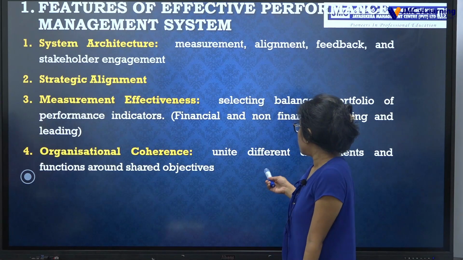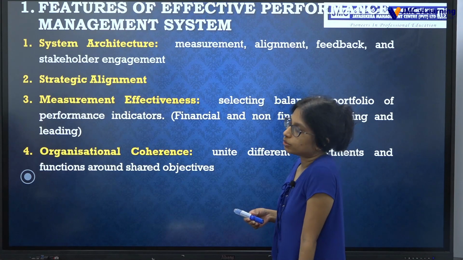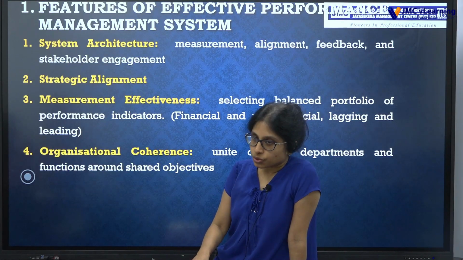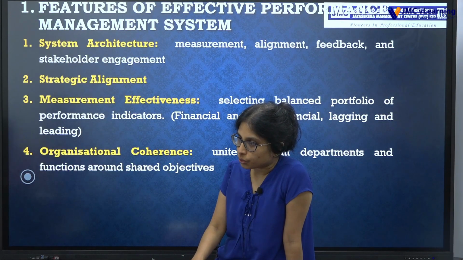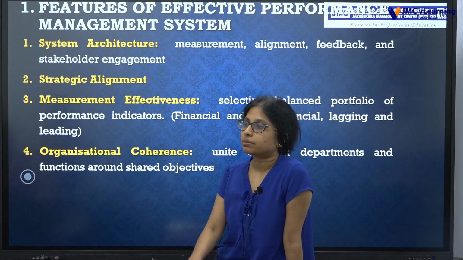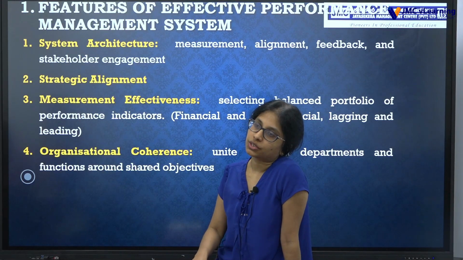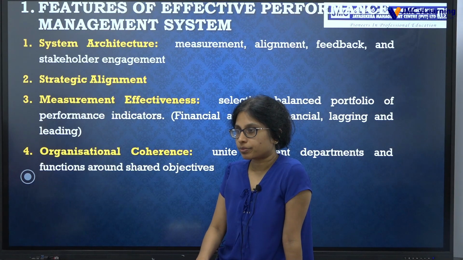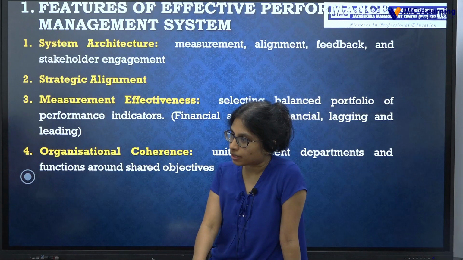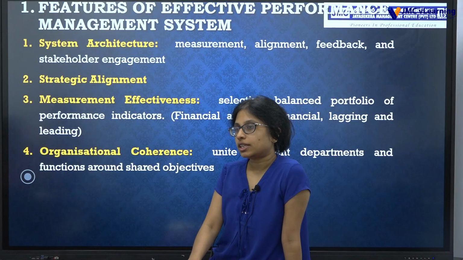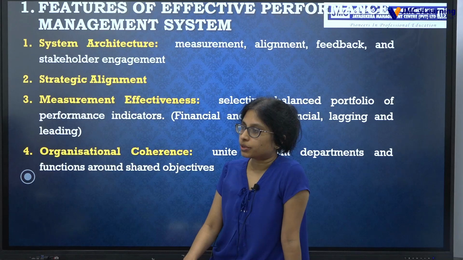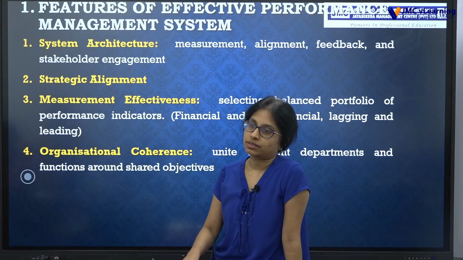Next one, organizational coherence. That means unite different departments and functions around shared objectives. Most of the time, although you do this evaluation, companies won't go forward because different departments compete with each other unnecessarily. They want to be the best, they don't cooperate with other departments. There are also individual agendas of department heads, so they try to go different ways.